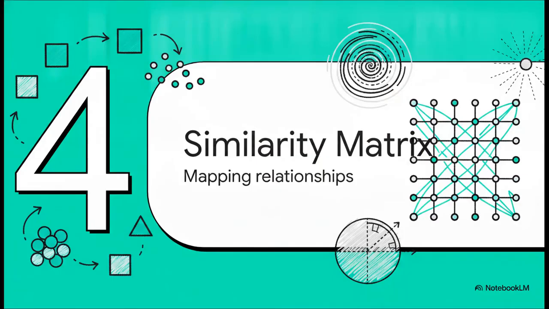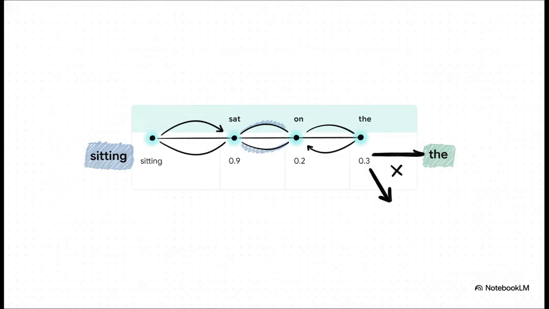Which brings us to Section 4, the cosine similarity matrix, mapping the semantic relationships. Now that we have these incredibly rich semantic embeddings, we need a way to map out all their relationships. We do this by calculating the cosine similarity between the embeddings of the generated text and the reference text. And we do this for every single token, which forms a giant, complete similarity matrix grid.